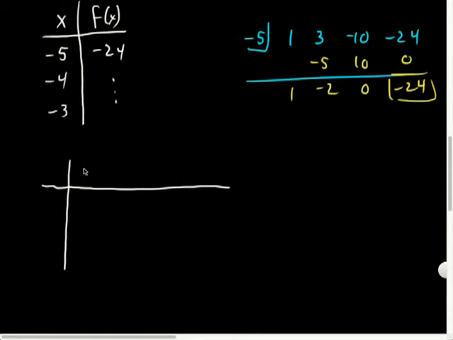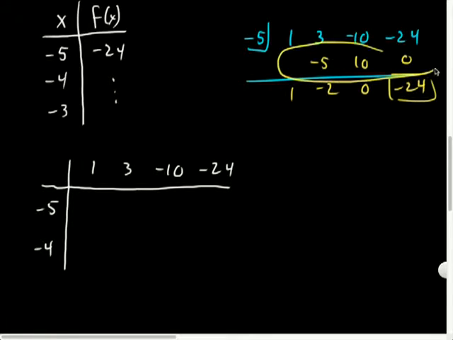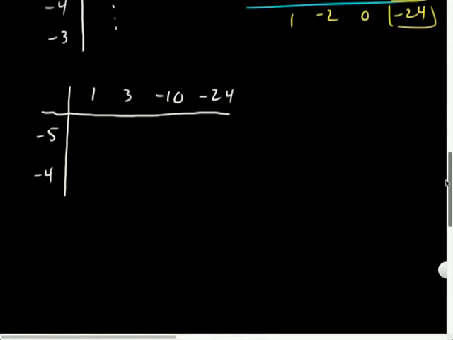And here I'm going to put my synthetic division stuff of the 1, the 3, the -10, the -24. Right, and I'm going to put the -5 here, I'm going to put the -4 here, and I'm going to keep going in a minute. But what I'm going to do is synthetically divide, but I'm not going to write this whole row of work. I'm going to do this row mentally, all right? And we're going to get really good at this over time, so we'll be awesome.